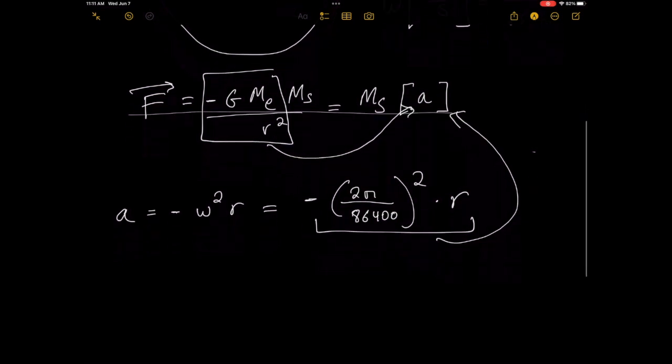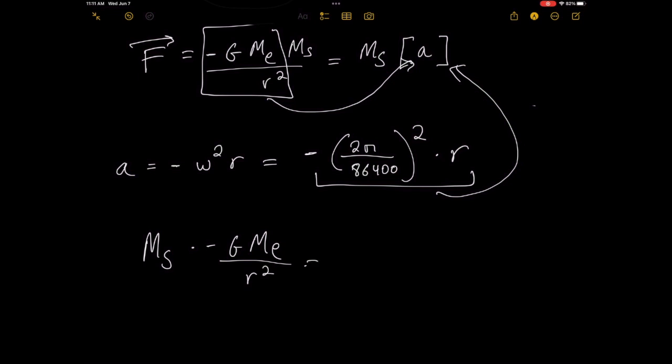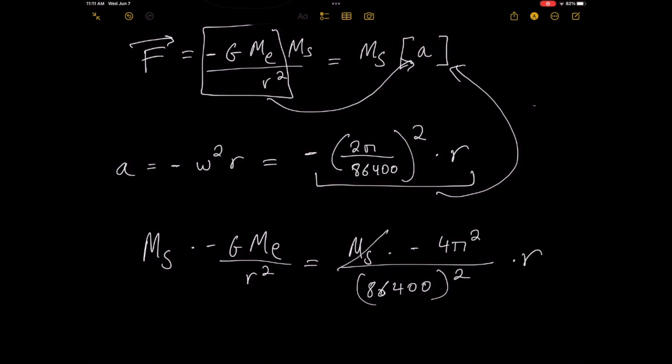And so our next equation would look like this: ms times negative G me over r squared equals ms times negative 4 pi squared over 86,400 squared times r. And we can cancel out the ms, and we can cancel out the negatives.